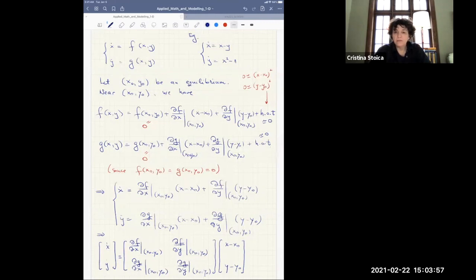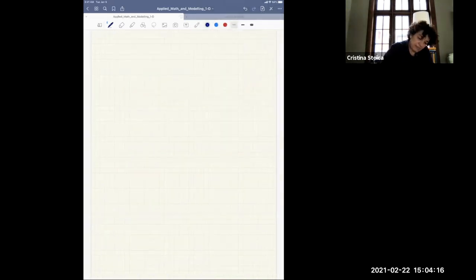Now I'm going to do one change of variable. Instead of x, we take x minus x naught, and instead of y, y minus y naught. x naught and y naught are numbers, so they won't change the derivative. Let's call big X to be little x minus little x naught.